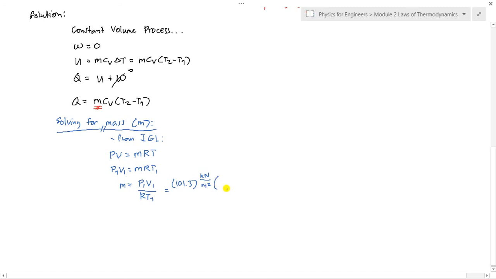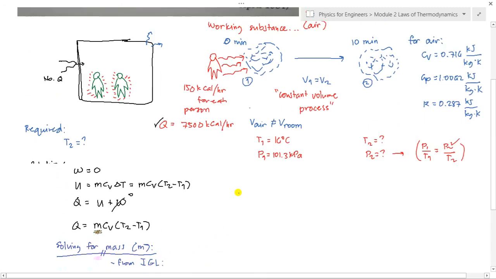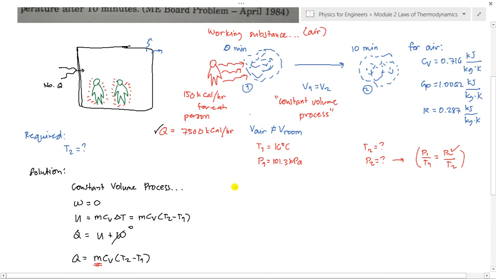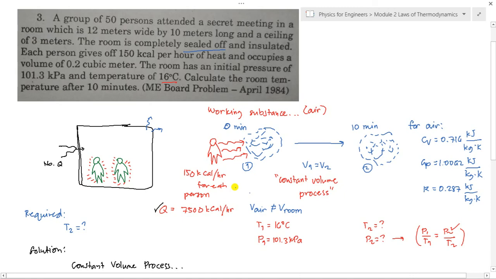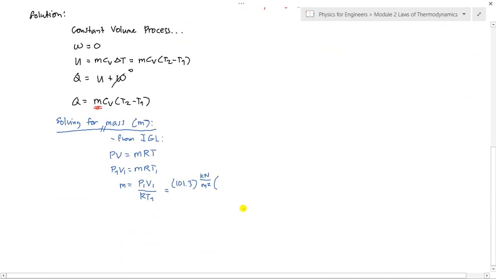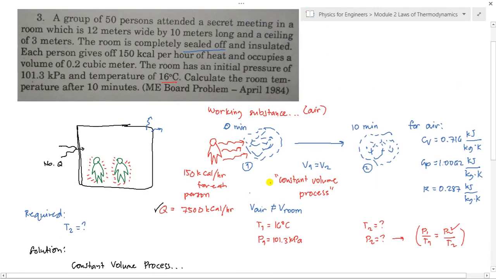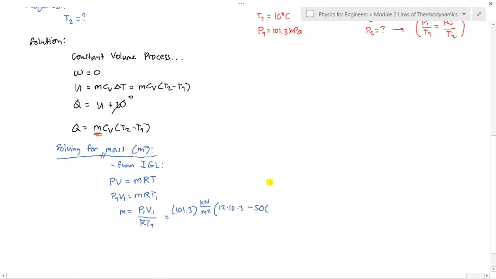That is kilopascal. And for the volume of the air, that is the volume of the room minus the volume of the persons. So the volume of the room is 12 times 10 times 3, minus 50 persons multiplied by the volume of each, which is 0.2 cubic meter.